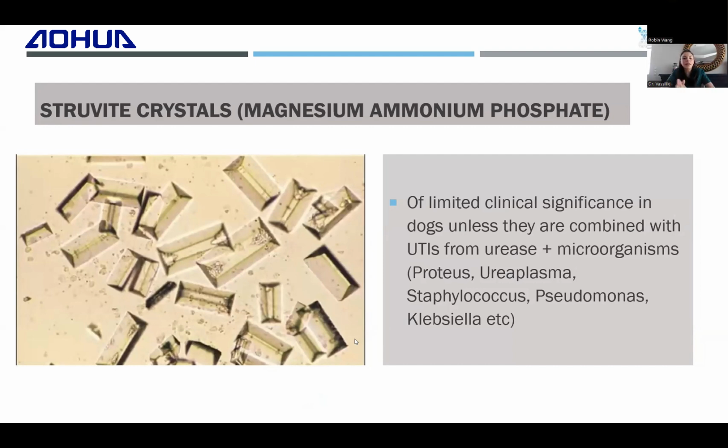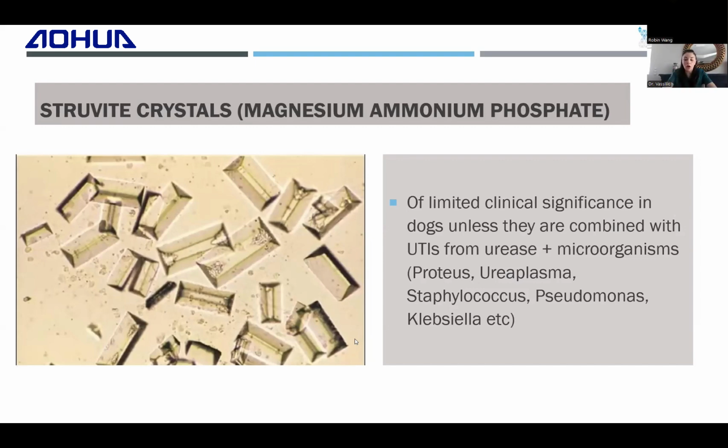So this is of limited significance, unless they are combined, especially in dogs, with urinary tract infections from urease-producing microorganisms like Proteus, Ureaplasma, Staphylococcus, Pseudomonas, Klebsiella, etc. So we don't care about struvite crystals unless they're combined with urinary tract infections.